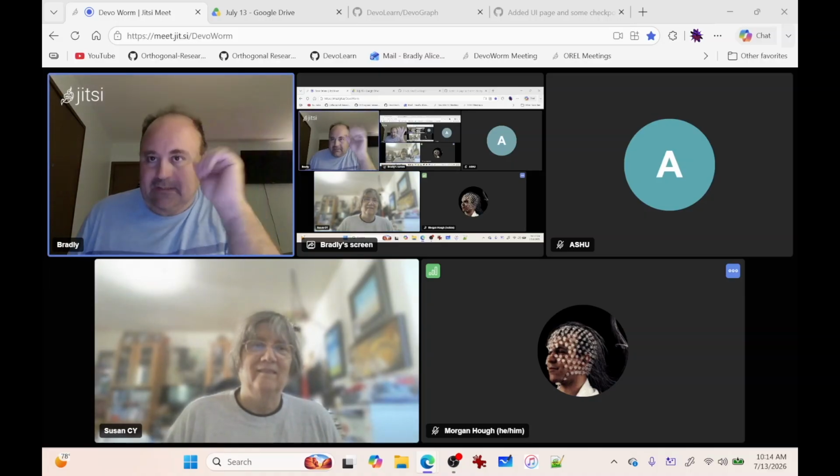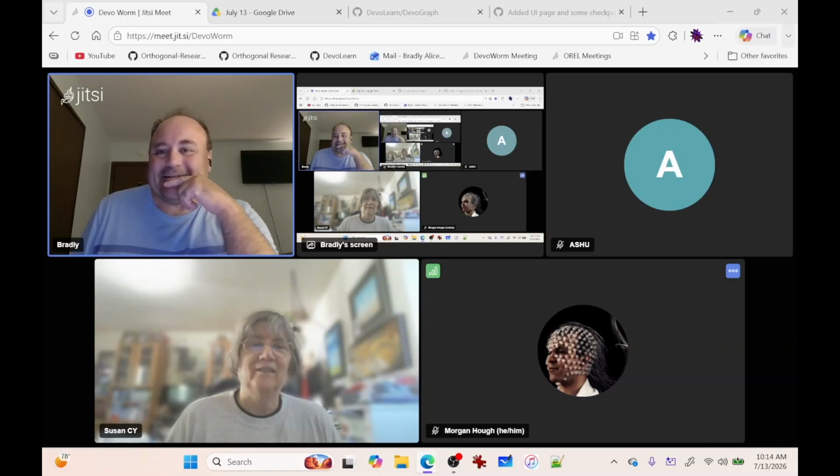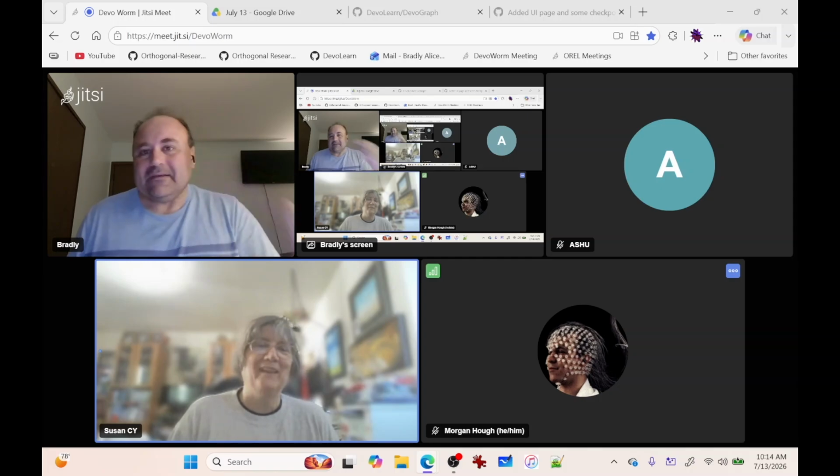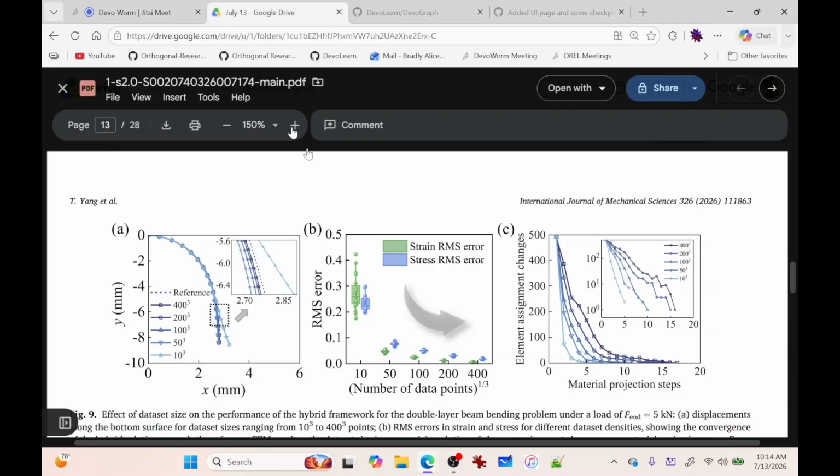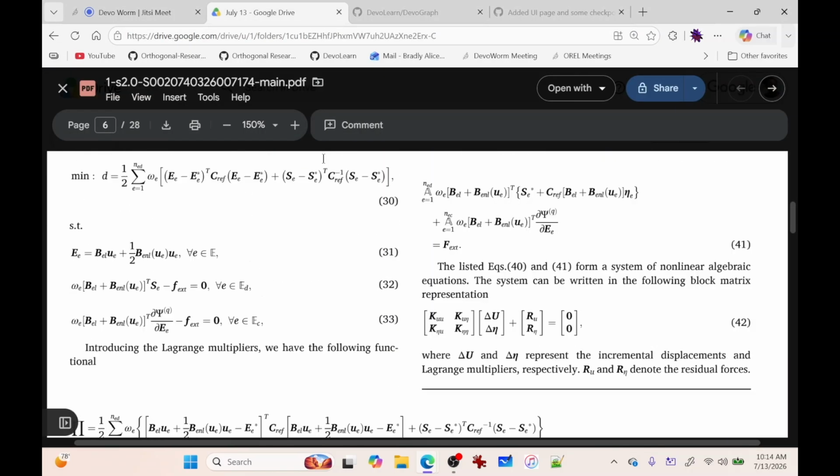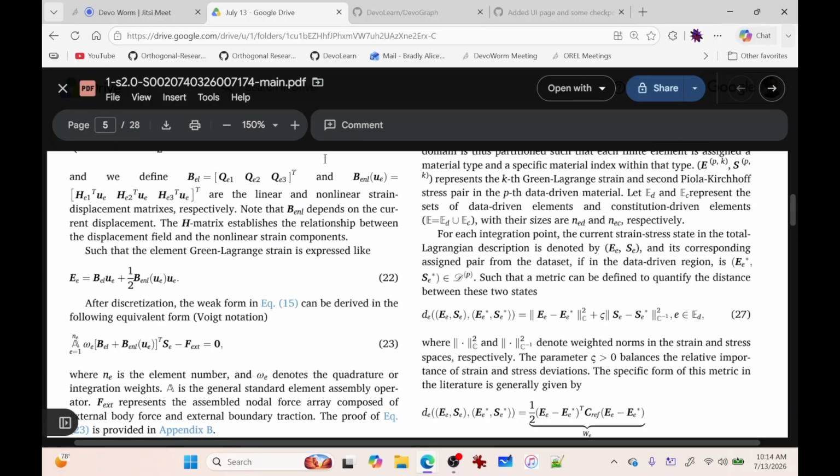I'm not sure if that's what they're talking about, but it looks like it to me. If you're looking at the equations for the Voigt notation, then it's dashpots and springs.